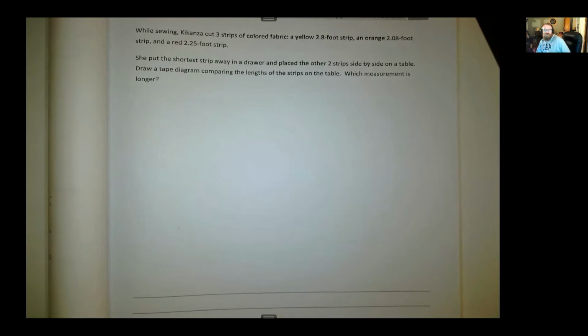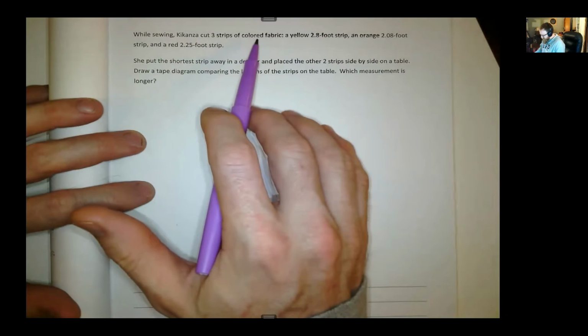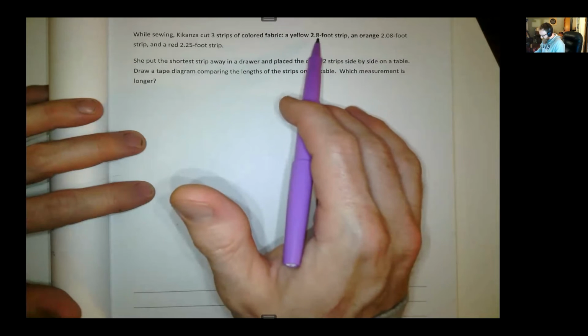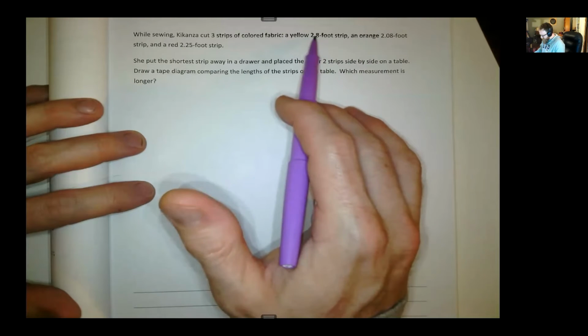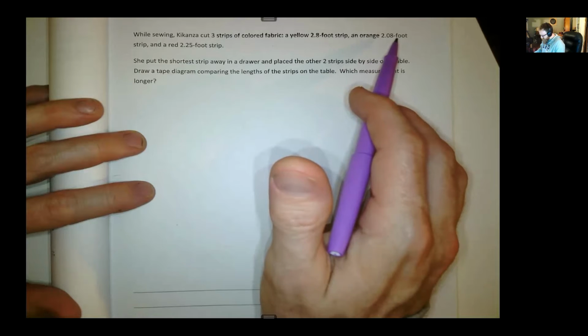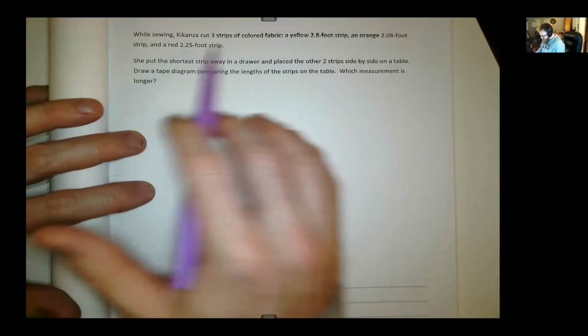Which measurement is longer? Okay, there's a lot to do here. So let's look again. She has cut 3 strips of colored fabric: yellow, 2 8/10 of a foot; orange, 2 8/100 foot; and red, 2 25/100.